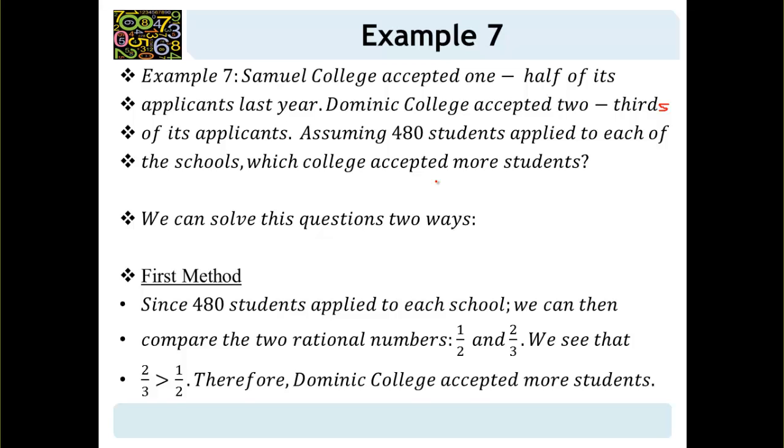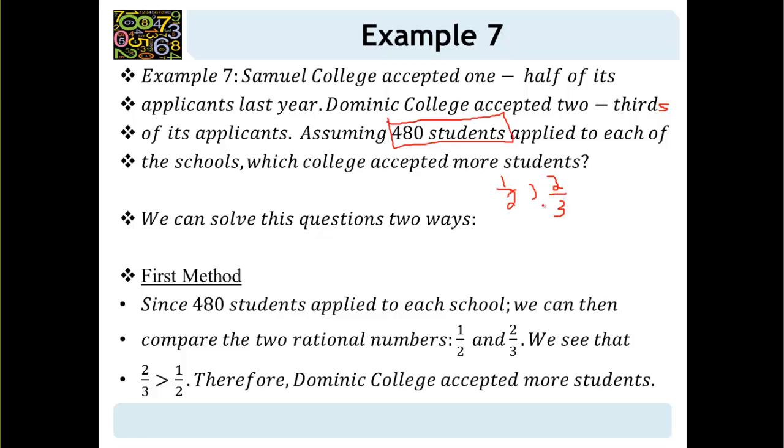Okay, in this particular question, we can do it two ways. We can first of all do it by ordering, because we have the same number of students, 480. Because we have the same number of students, we can now compare 1/2 with 2/3.